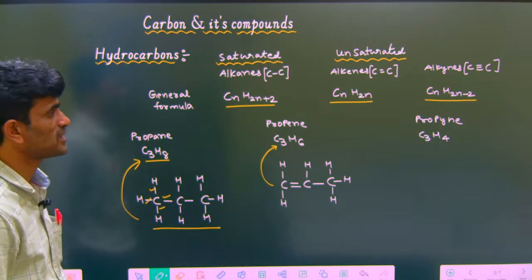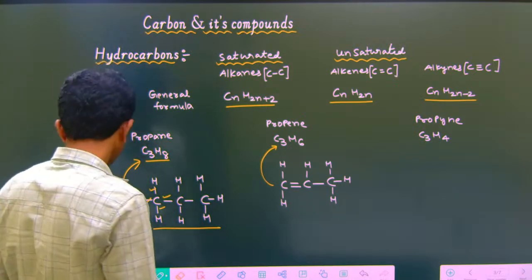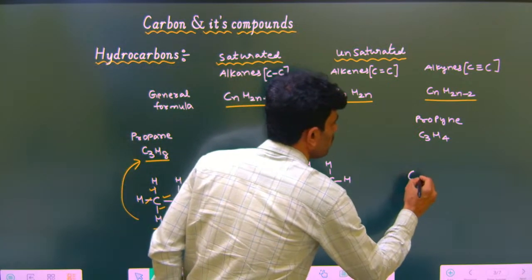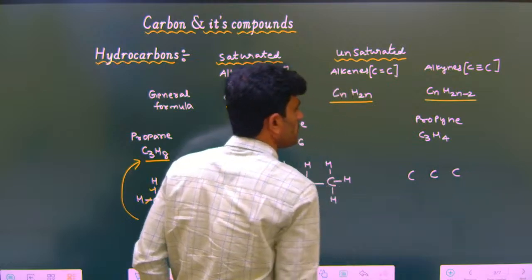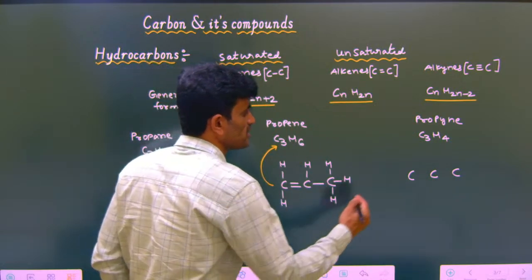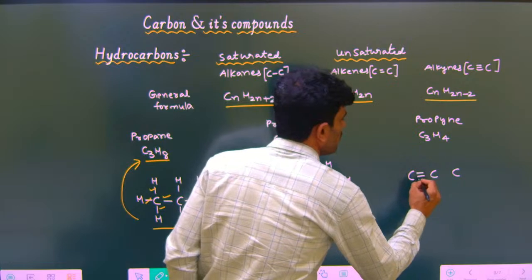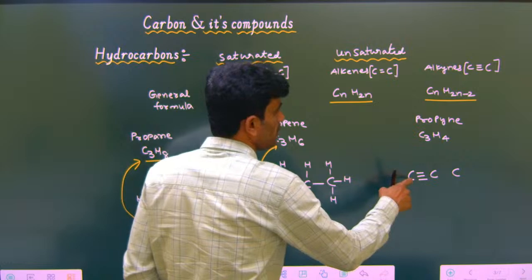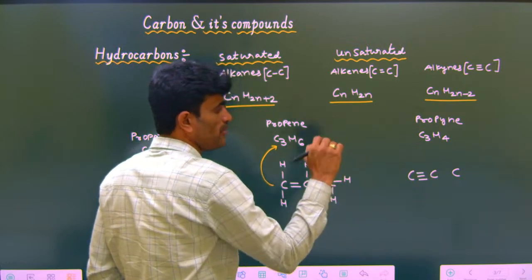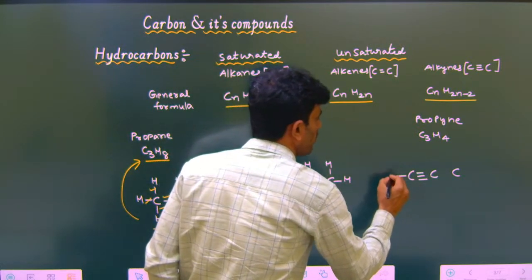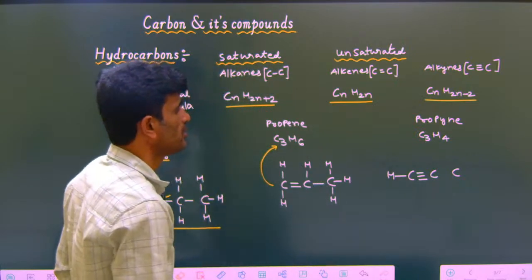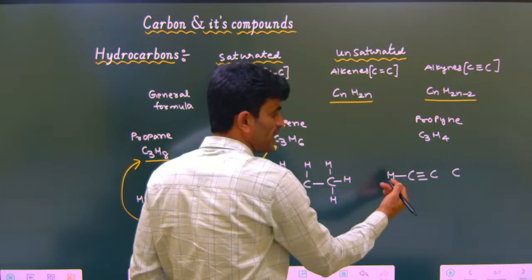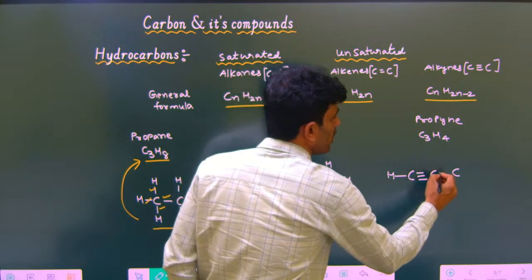If you want to draw the structure of propyne, again we have to follow the same way. 3 carbons we must draw: first carbon, second carbon, third carbon. Now between the first carbon and the second carbon we must have a triple bond because it is an alkyne, propyne. Then on the first carbon only three bonds are over, only one bond is left. That one bond we have to draw between hydrogen and carbon. Now on the second carbon, three bonds are already over on the left side, and we need to draw one bond between carbon and carbon.